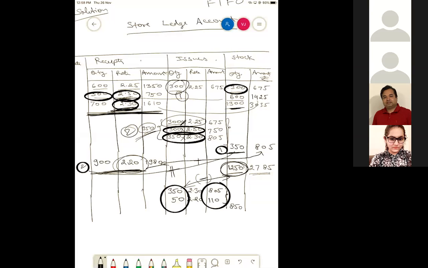And the rate would be 2.30 plus 2.50. So if you calculate both, 850, yes.